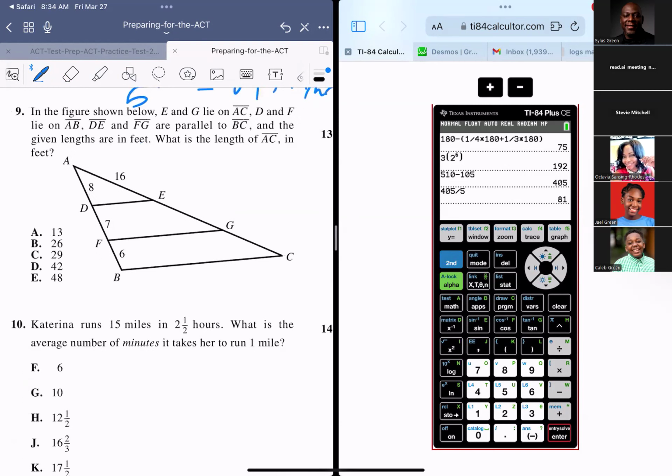Okay. So if these are parallel lines, well, first we know this angle is congruent no matter what. So let's write that. This angle is the same in all the triangles. This angle is also the same in all the triangles because it tells you that they're parallel. So this angle.